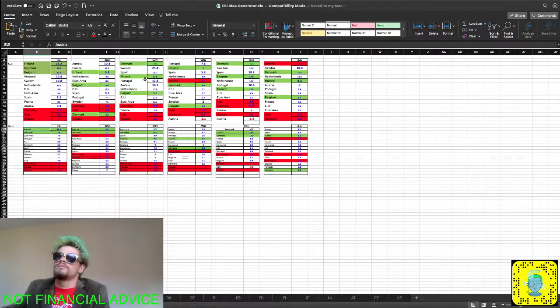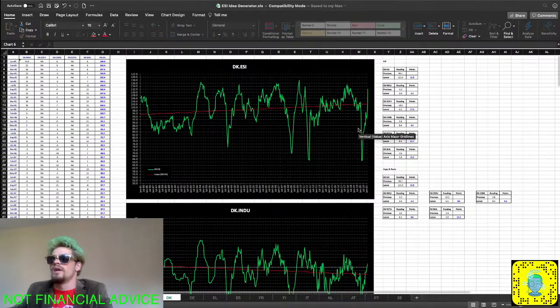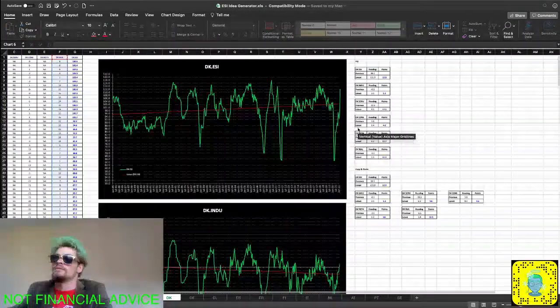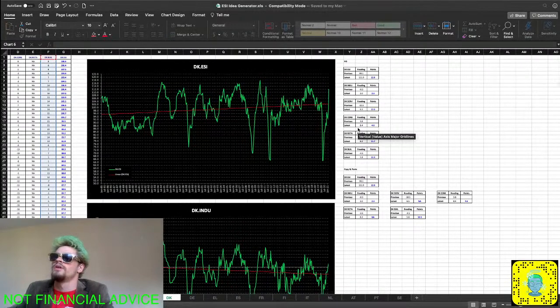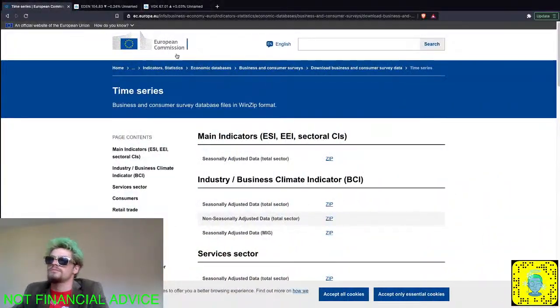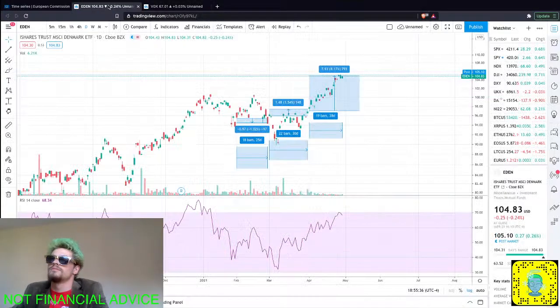So just by looking at that, it told me, look at the Denmark graph of their economic sentiment indicator and compare it to the price of the Denmark index in the stock market. So I have it pulled up right here.